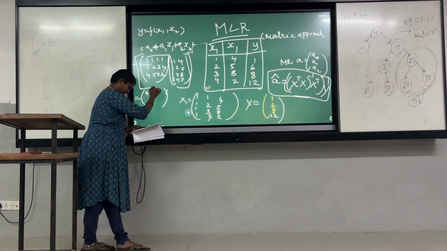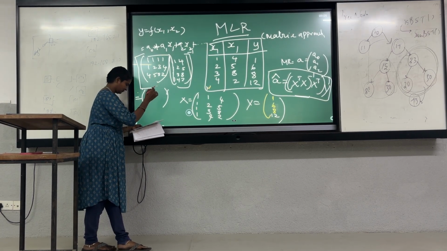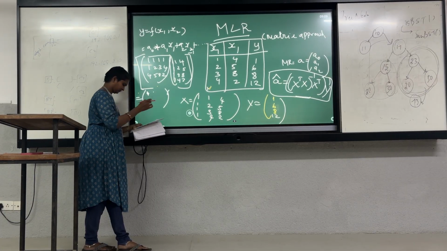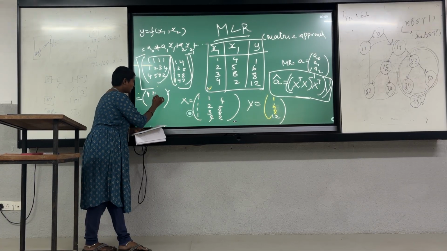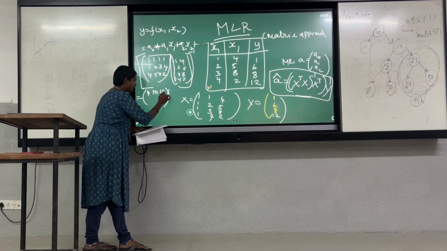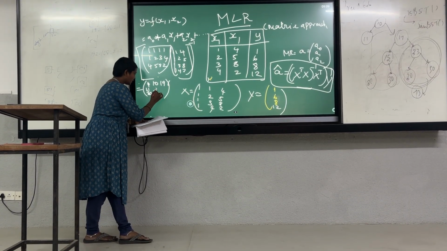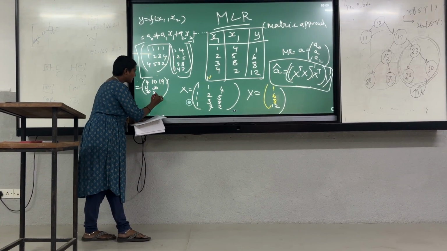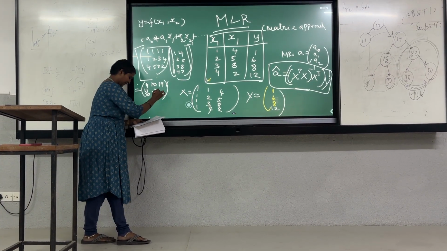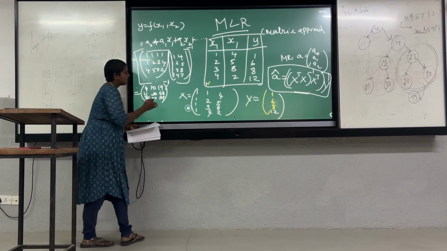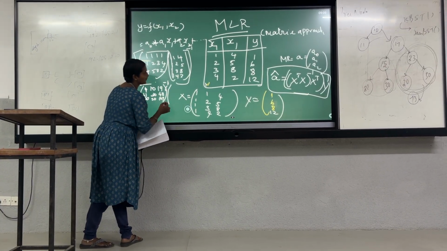4, 10, 19, 11, 20, 30, 50, 109, 48. Then the inverse. Last class I taught you the inverse formula.